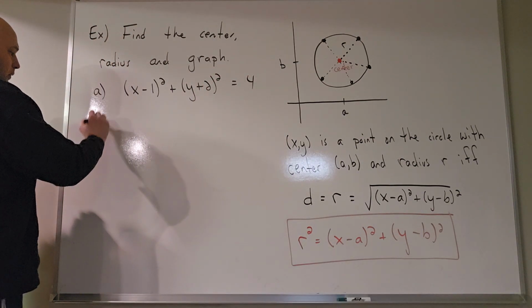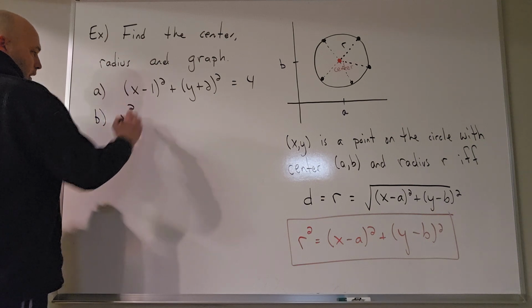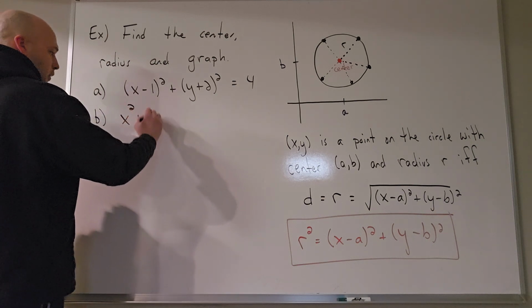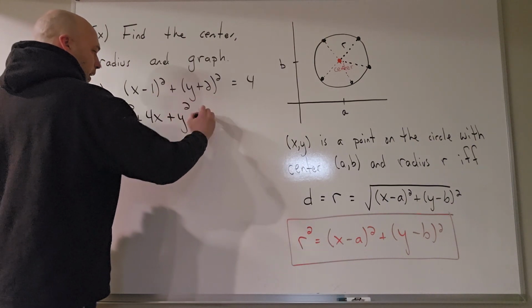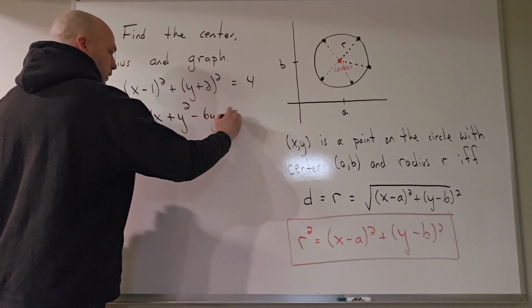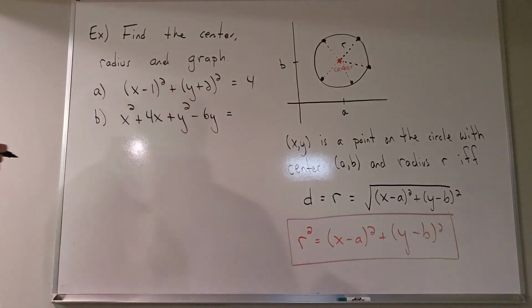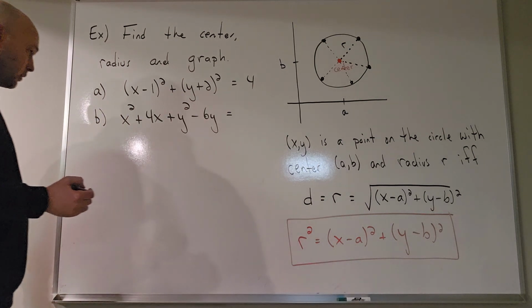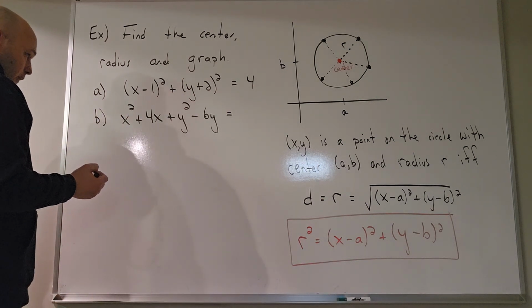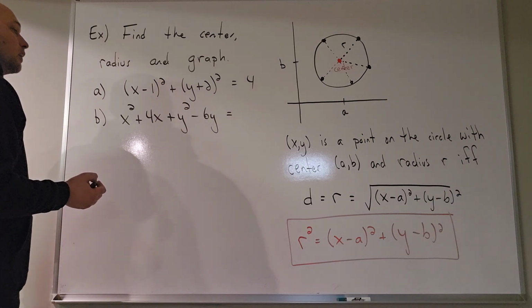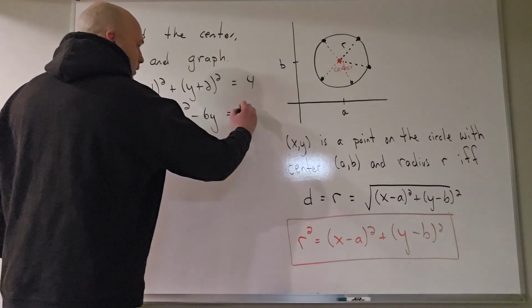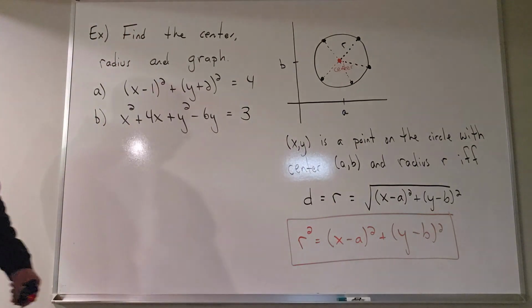And part B, x squared plus 4x plus y squared minus 6y is equal to, I should have prepared this ahead of time to make this work out nicely, but let's see. If I want that to work out nicely, make that a 3. Let's see if I did that right.